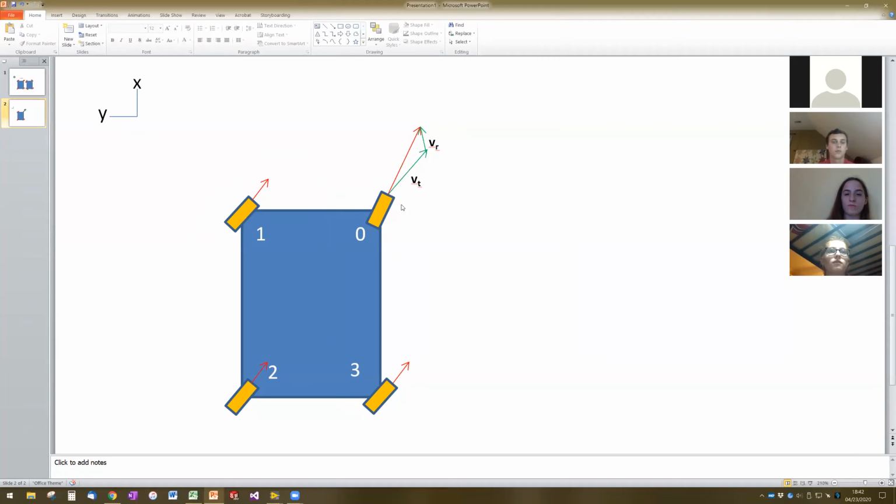I'm going to use bold here so I don't have to draw little arrows at the top of all of the vectors. Are there any questions or comments about the idea of being able to define the red vector as the summation of the translation vector and the rotation vector?